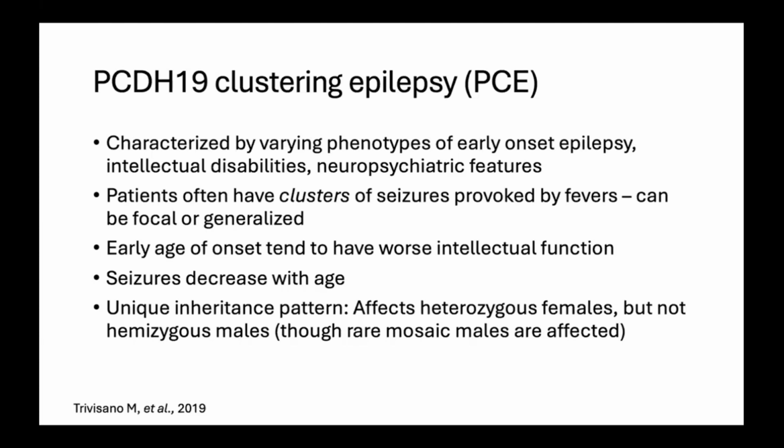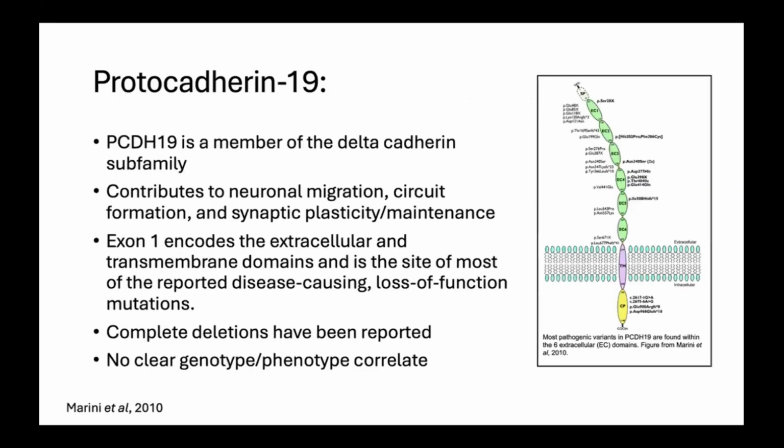And then, like we talked about earlier, there's a very unique inheritance pattern in which heterozygous females are affected, but not the hemizygous males, though we know that there are rare mosaic males who are affected as well. This is similar to what Dr. Umemori reviewed, that PCDH19 is a member of the delta cadherin subfamily. And it probably has more functions than just synapse formation. It probably also contributes to neuronal migration, some circuit formation, and synaptic plasticity and maintenance.